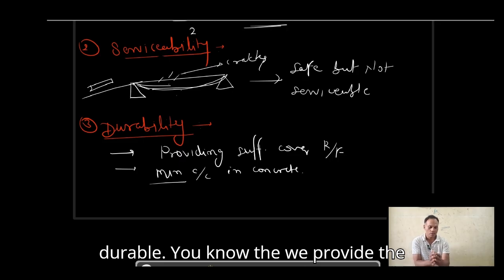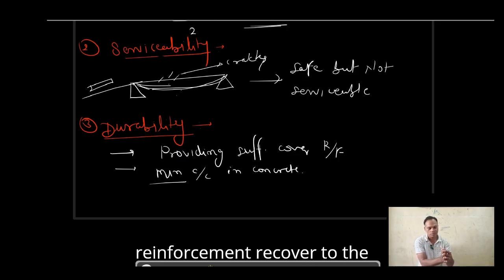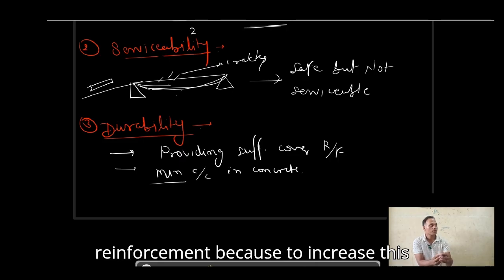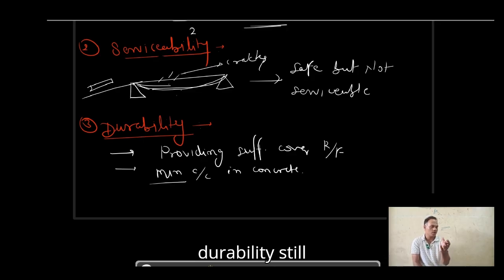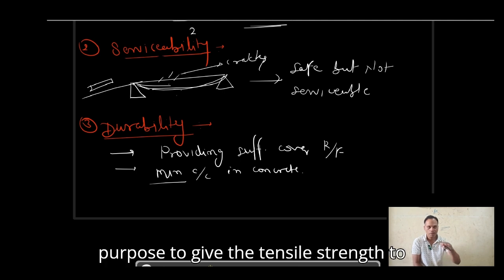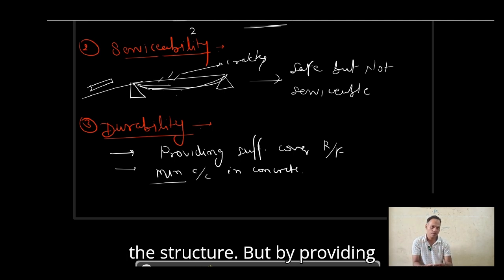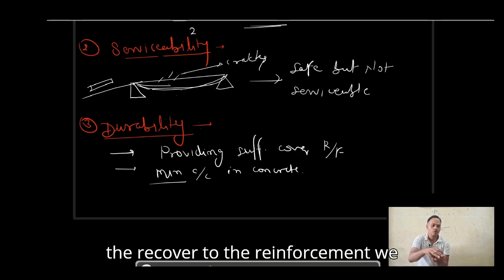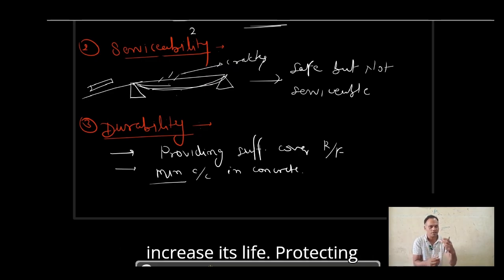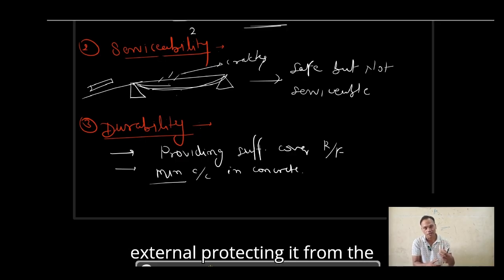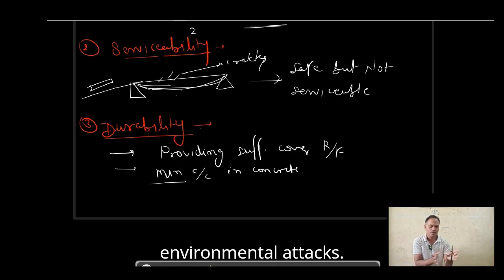We provide cover to the reinforcement to increase durability. The steel is already fulfilling its purpose of giving tensile strength, but by providing cover we increase its life, protecting it from corrosion and external environmental attacks.